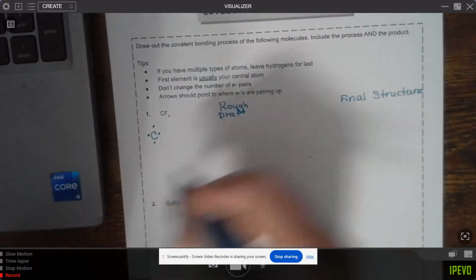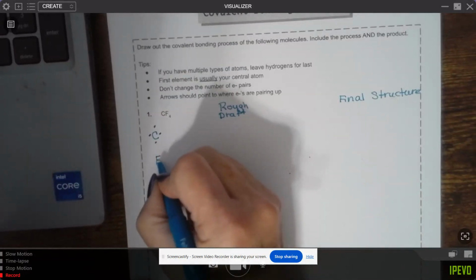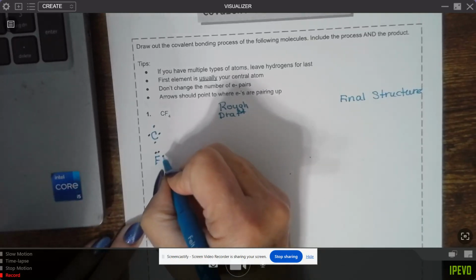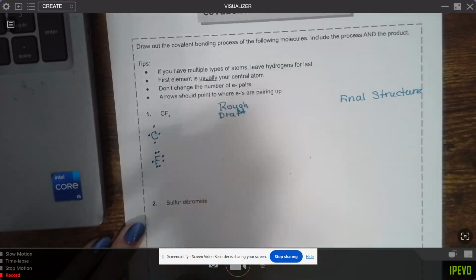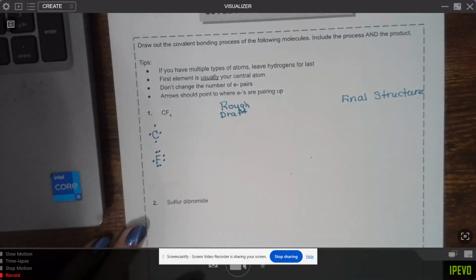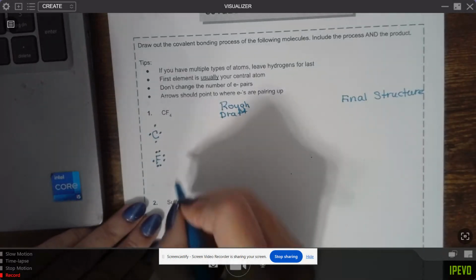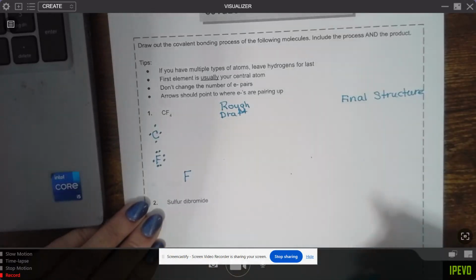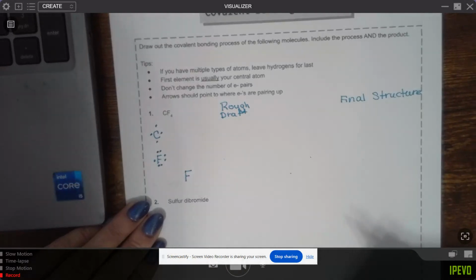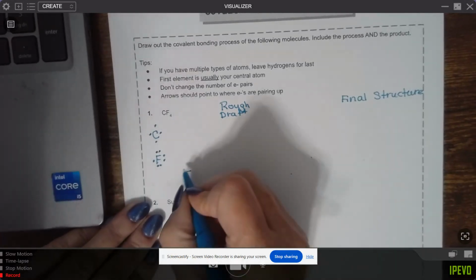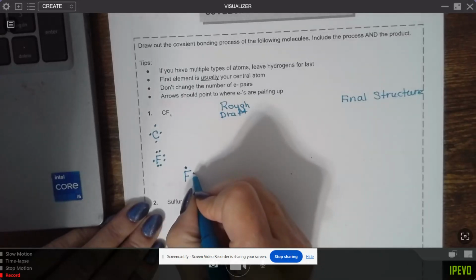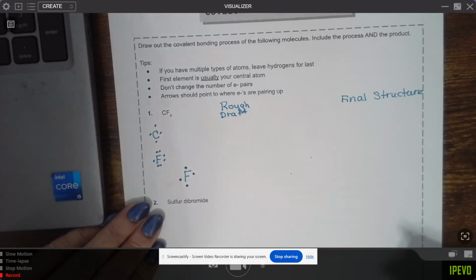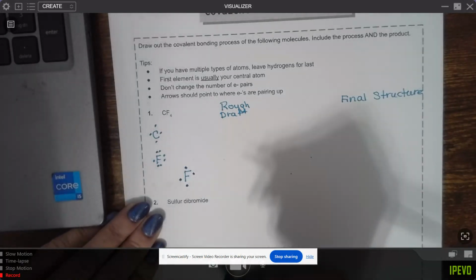All right? And then fluorine's in group 17, so it has 1, 2, 3, 4, 5, 6, 7, 7 valence electrons. Now, I didn't draw that the way that you should draw that. Remember we put 1 electron on each side of the atom, so we've got 4 electrons before we ever double up.